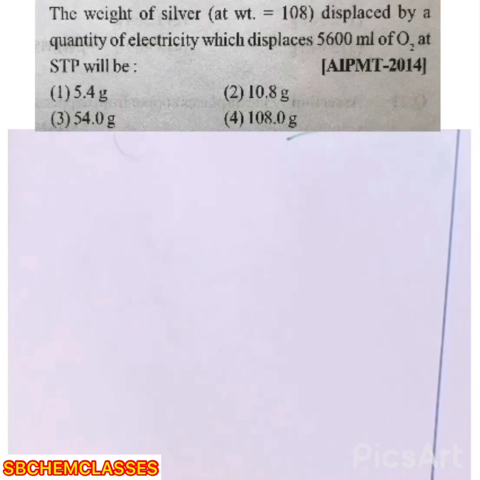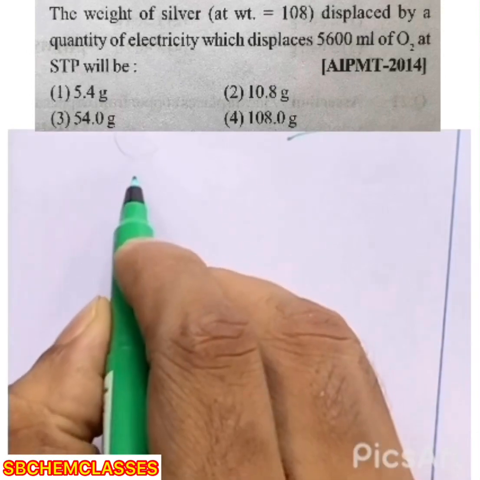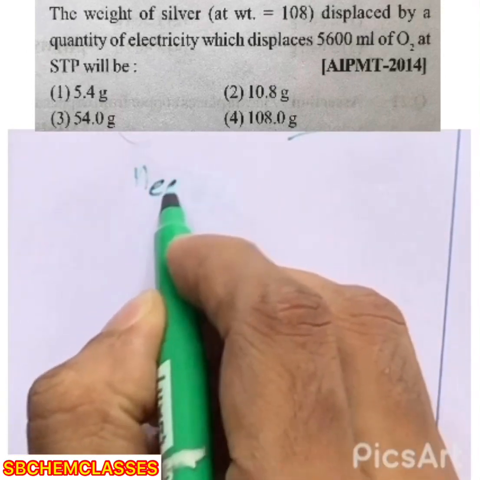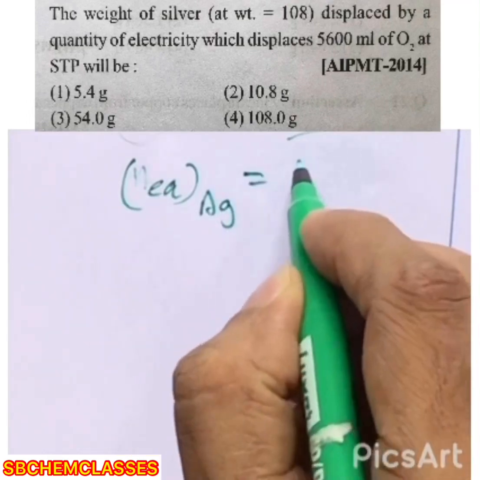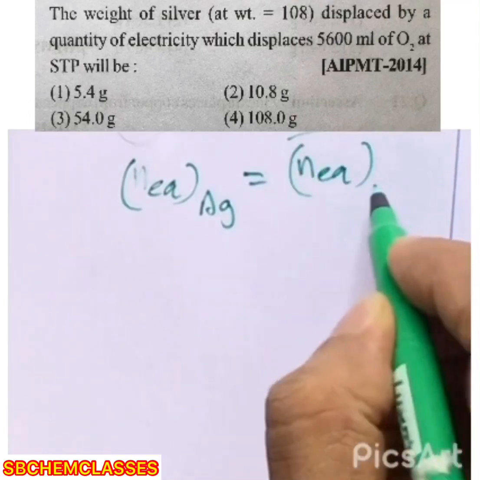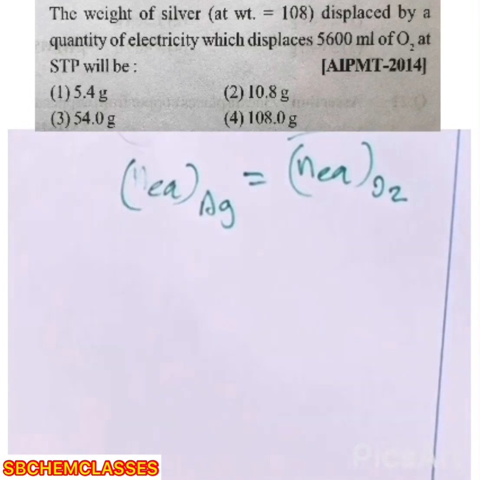What is the weight of silver, atomic weight 108, displaced by a quantity of electricity which displaces 5600 milliliter of O2 at STP? By passing the same quantity of electricity, the number of equivalents of silver and the number of equivalents of O2 will be the same.